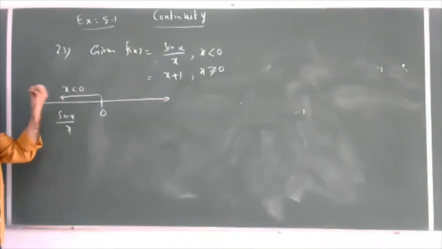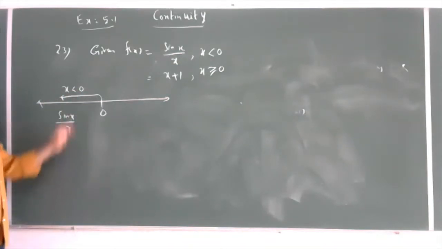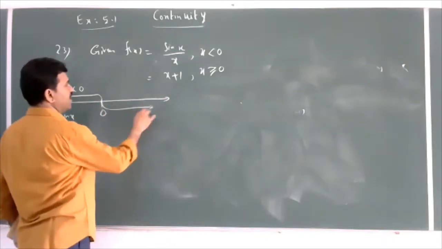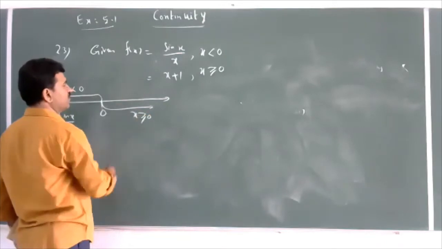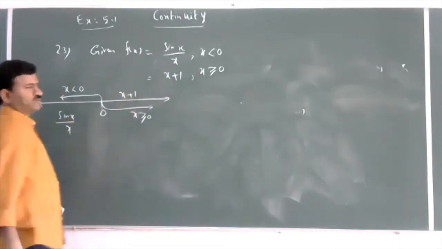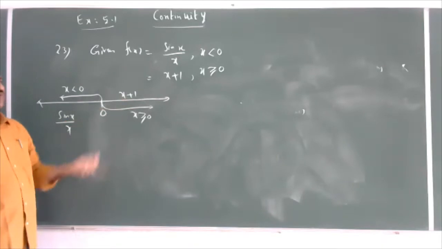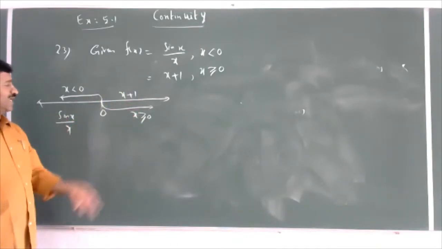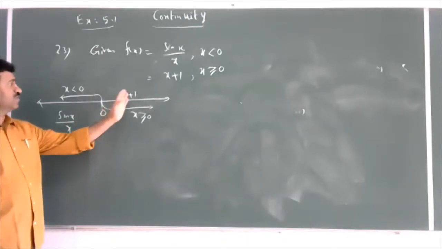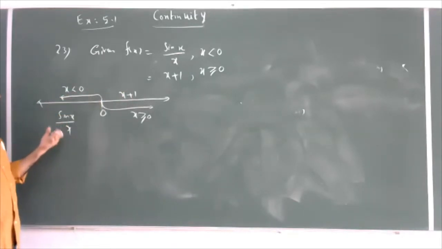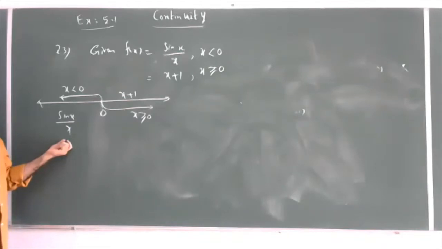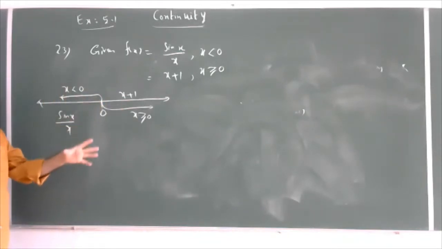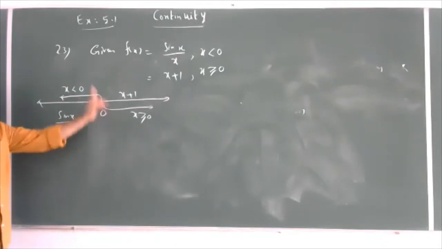Next, when x is greater than or equal to 0, the function is x plus 1, a linear function, continuous for x greater than 0. Only at x is equal to 0 is there doubt, because the right neighborhood function is x plus 1 and the left neighborhood function is sin x by x. So we evaluate the left limit, right limit and function value to decide.